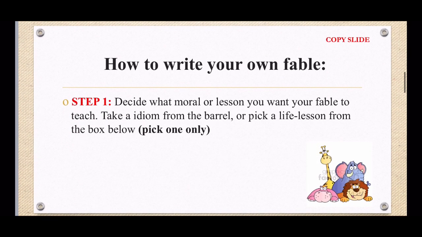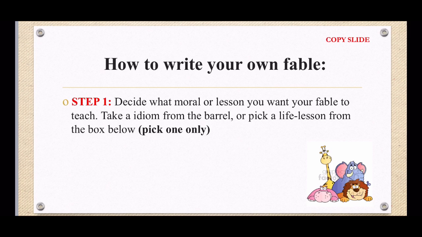Okay, so now today we're going to learn how to write your own fable. So, step one, we need to decide what moral or lesson you want your fable to teach. You need to take an idiom from the barrel or pick a life lesson from the box. I will show that to you in the next slide, right?